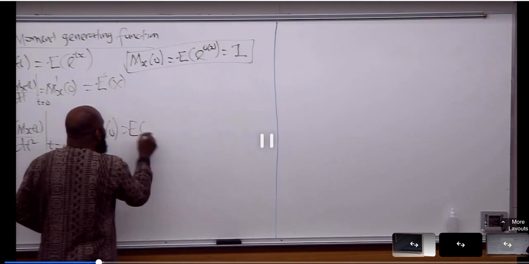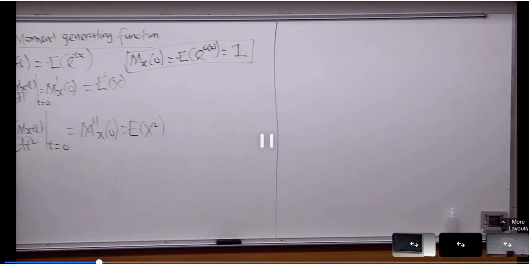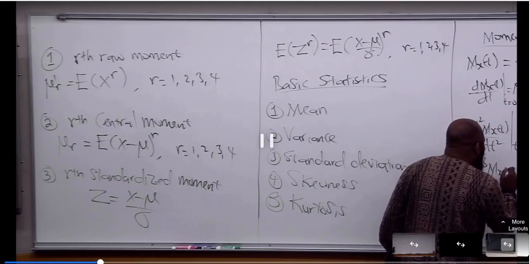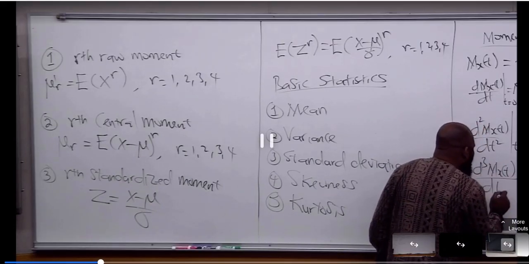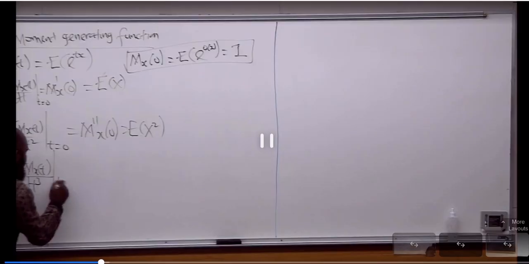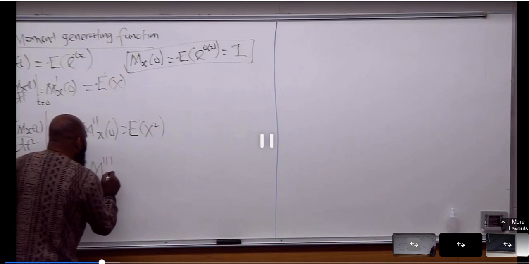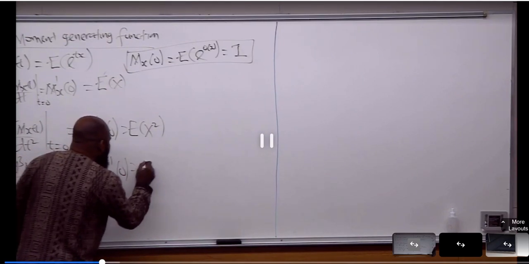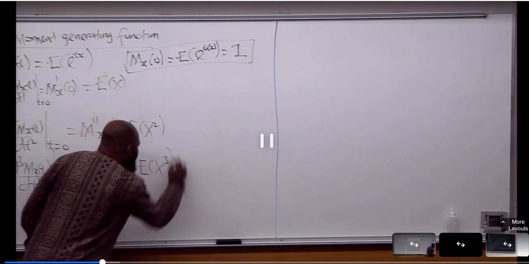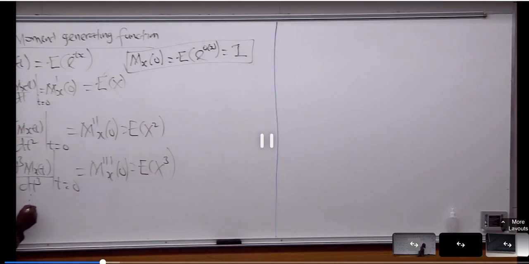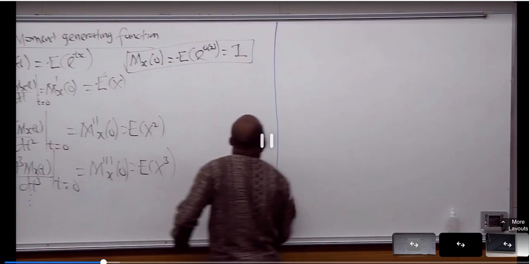That is going to give you the second moment about the origin. Please look at the connection. And when I do the third one and set it to 0, that is the expected value of X raised to power 3.